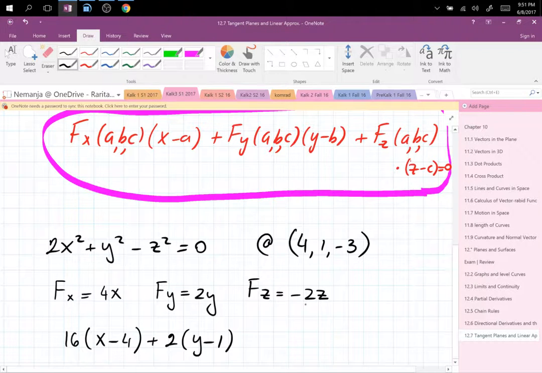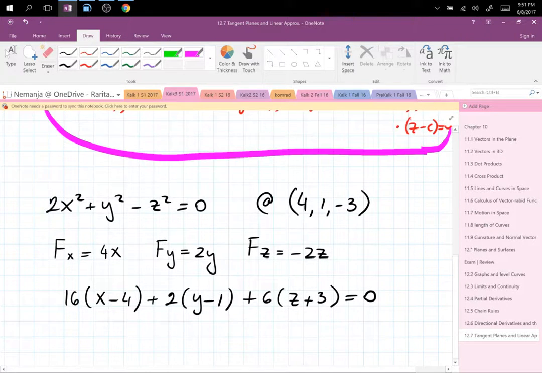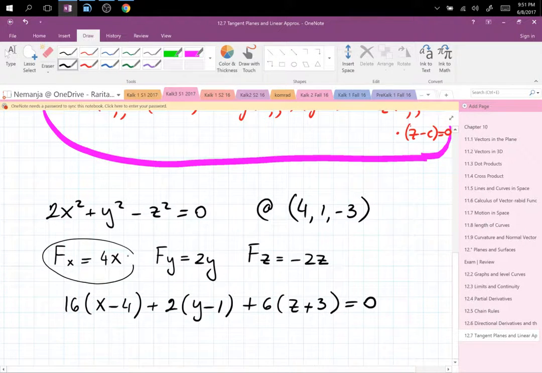And then negative times negative is positive 6, z plus 3 equals 0. And you see that's the equation of the plane. The derivative is 4x, and the value at which I'm computing the derivative has x equal to 4, so I don't have any y's and z's in this case.